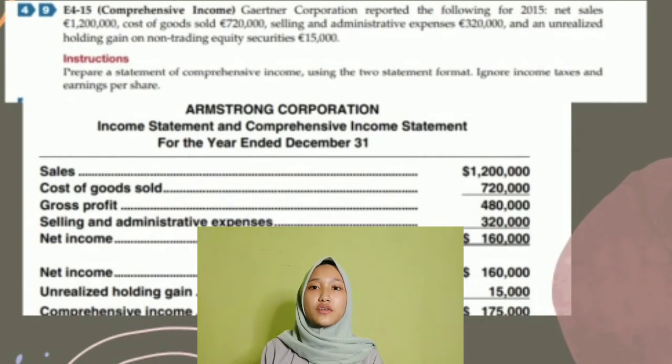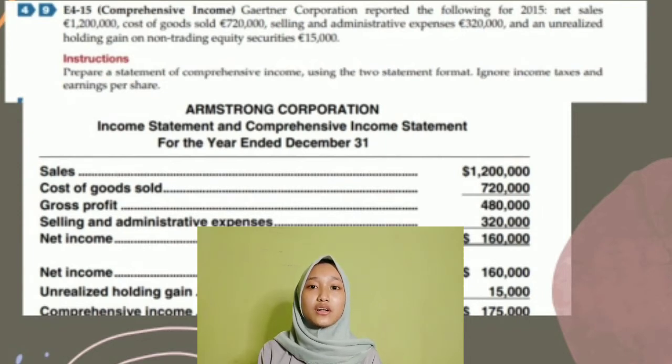Then, let me try the exercise for point 15. The question is about comprehensive income. Gartner Corporation reported the following for 2015. Net sales 1,200,000. Cost of goods sold 720. Selling and administrative expense 320.